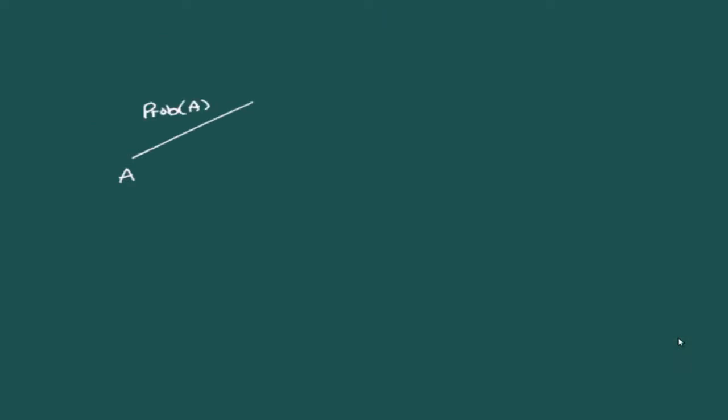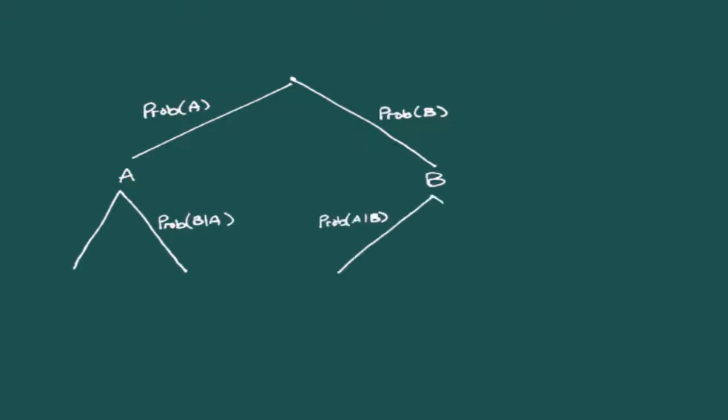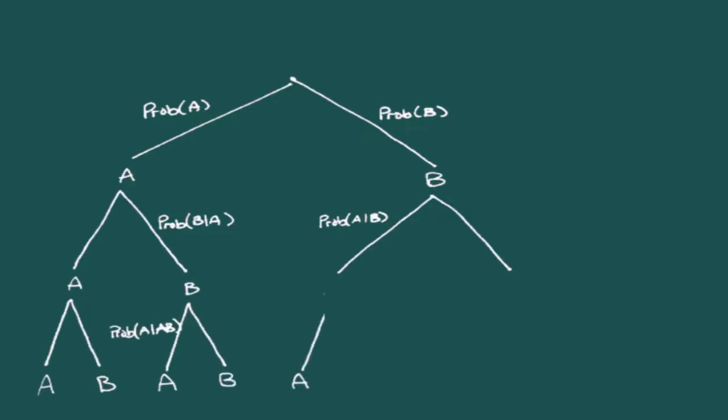And so what you're seeing from an even bigger picture, if we add on another layer here: from our root node, we branch to possibility A or possibility B. Each one of those branches to A's or B's.